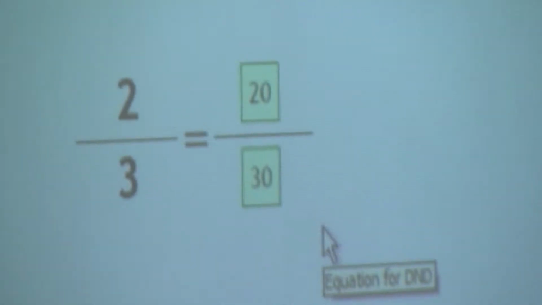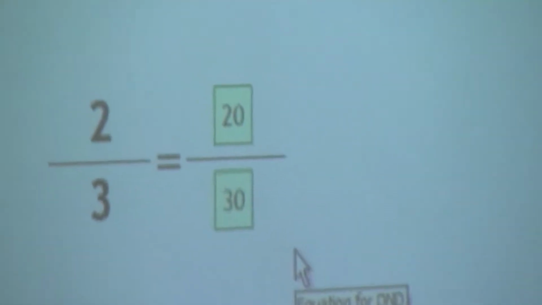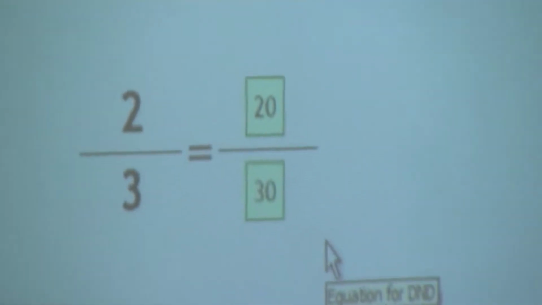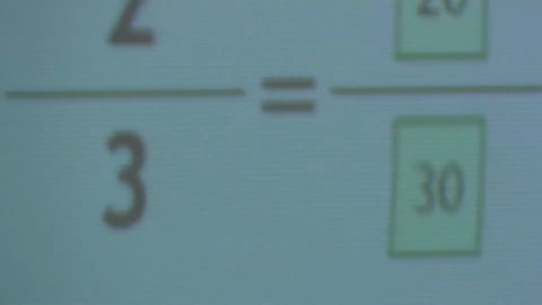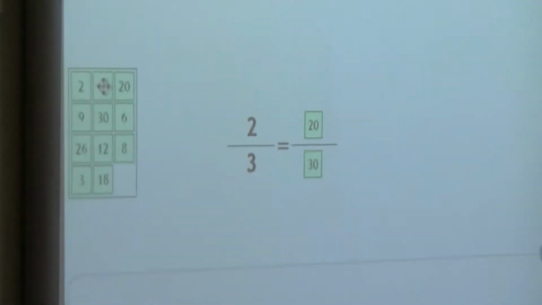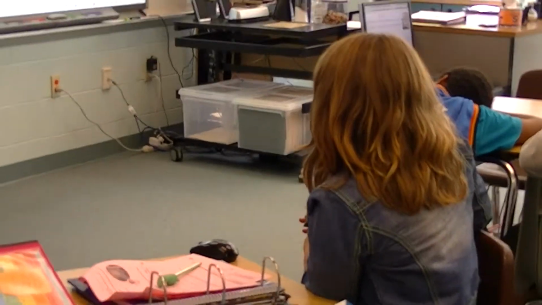Tell us about 20 to 30. The scale factor is 10. Absolutely right. Good. All right, Haley, I think there is one more. Yes, I believe one more correct option up there.